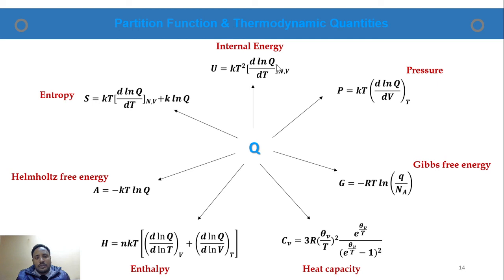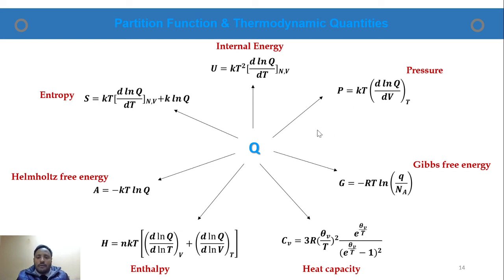What is the meaning? The meaning is that capital Q relates to the behavior of atoms and molecules, so this information is provided by capital Q, and if one differentiates the log of capital Q with respect to temperature, one will get the internal energy. Similarly, entropy has its expression, as do Helmholtz free energy, enthalpy, heat capacity, Gibbs free energy, and so on.